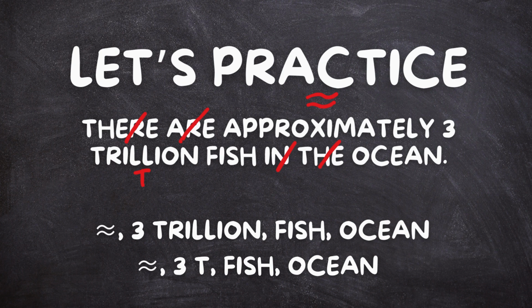You would cross out any words that are insignificant and you would replace any of the longer words with a symbol or abbreviation. For example, we already learned the abbreviation for approximately, so we can use that in our notes. And if you happen to know the abbreviation for trillion, you can write your notes in an even shorter form. This is how learning symbols and abbreviations helps us write ideas down, but in a shorter time.